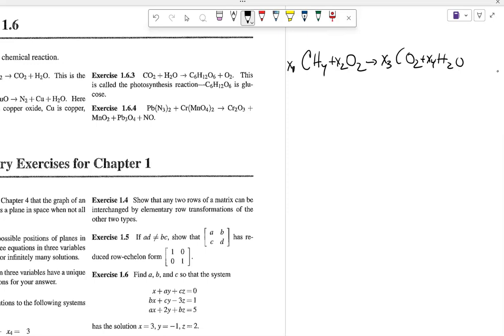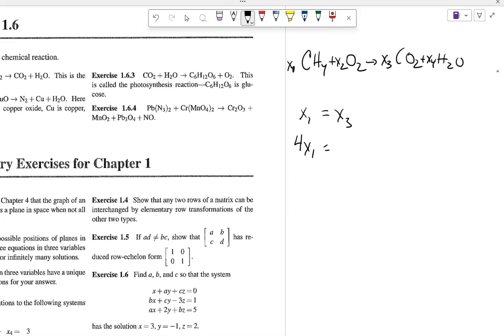Okay? So let's start with the carbon atoms. How many carbon atoms are on the left? X1. And how many carbon atoms are on the right? X3. So I'd have X1 equals X3. Okay. How many hydrogen atoms are on the left? 4x1.